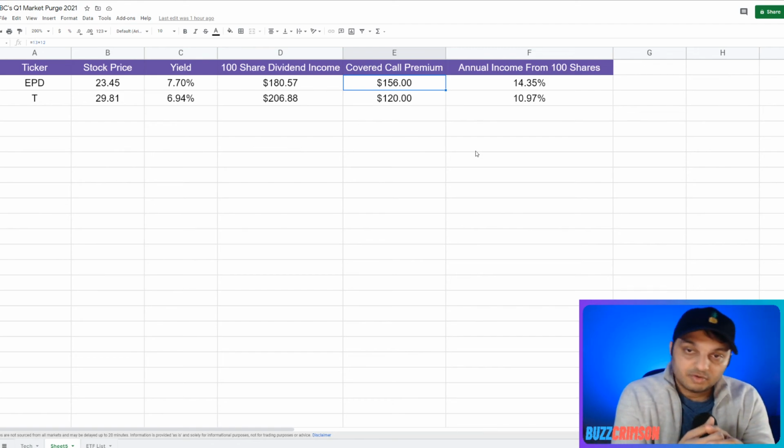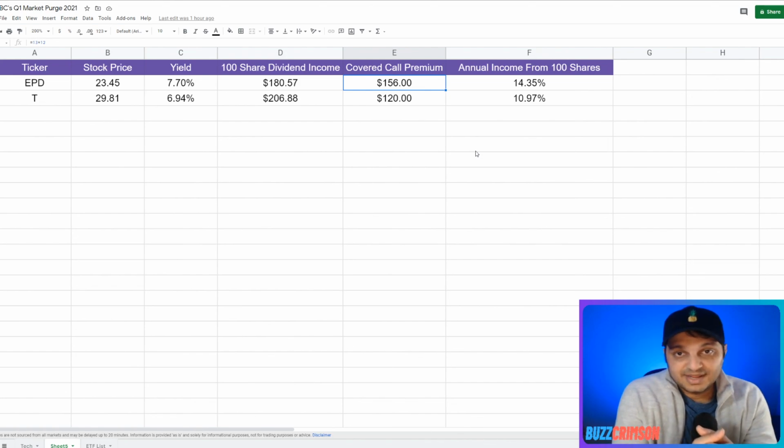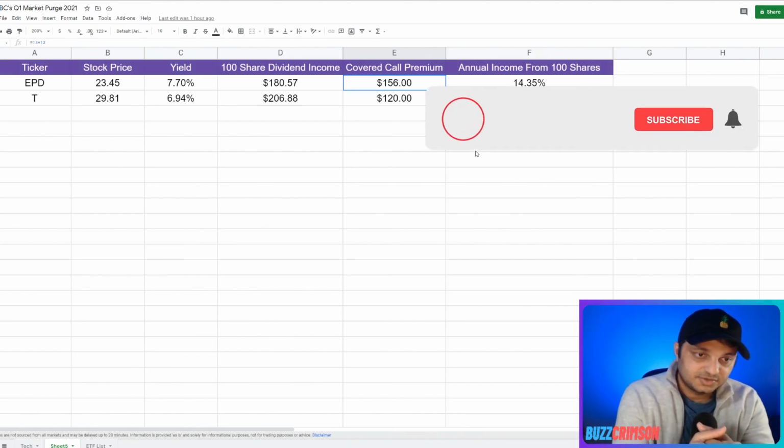So very powerful tool, relatively risk-free. Worst case scenario, you get assigned, you have to sell your shares, but you make money from stock price appreciation, right? And then you can just buy the shares again with the proceeds. So rinse and repeat, very simple, easy to do, barely any risk.